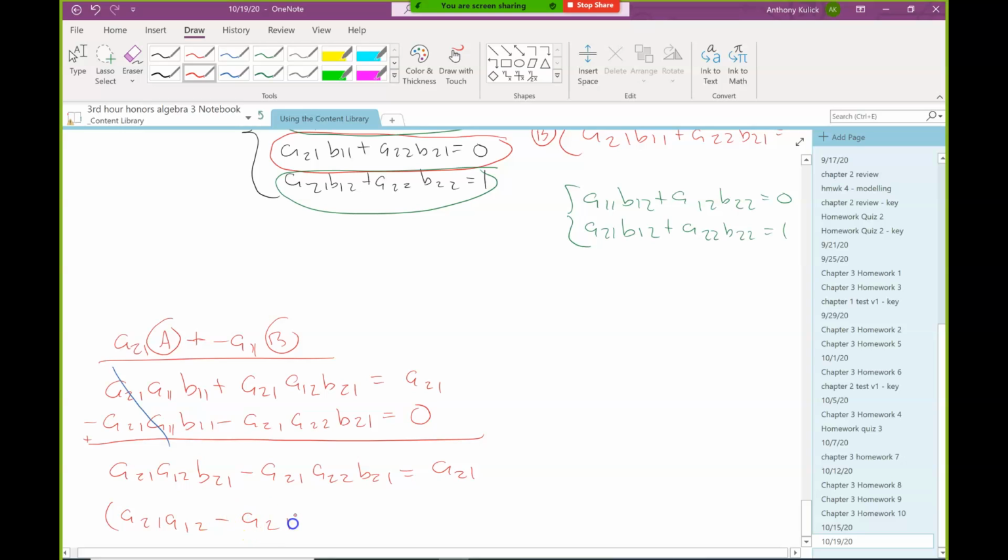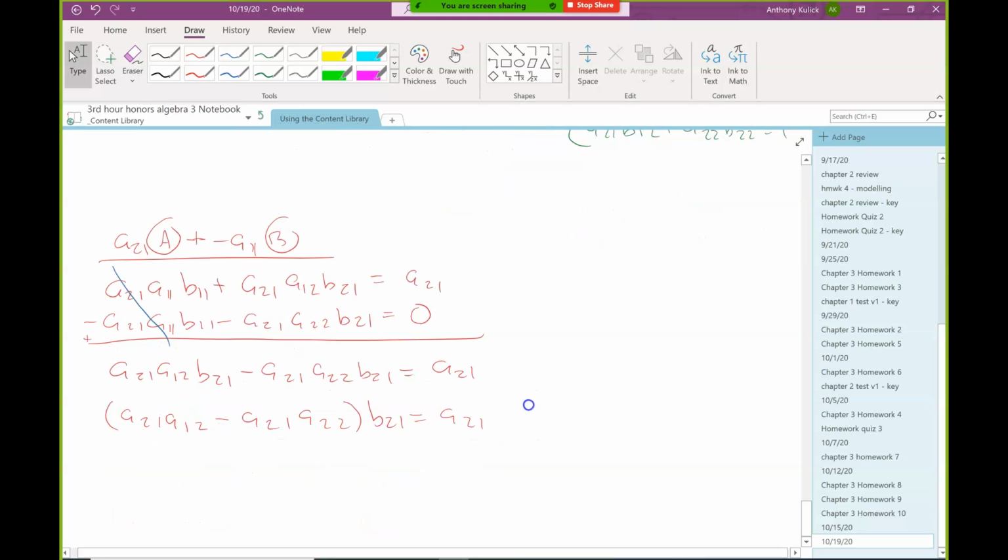And there's one of my entries in B, it has to look like this. We're not going to solve the rest of these because it's far too tedious. I'm just going to tell you what they are. Everybody's okay with that? I hope so.